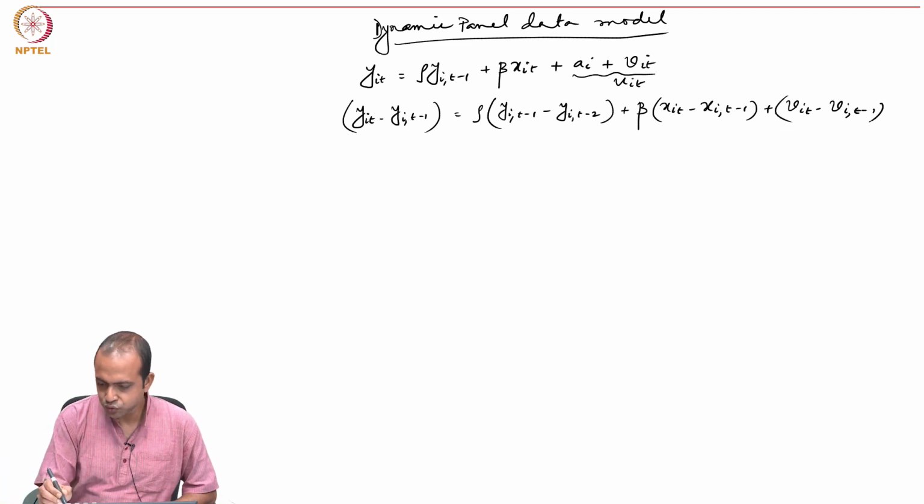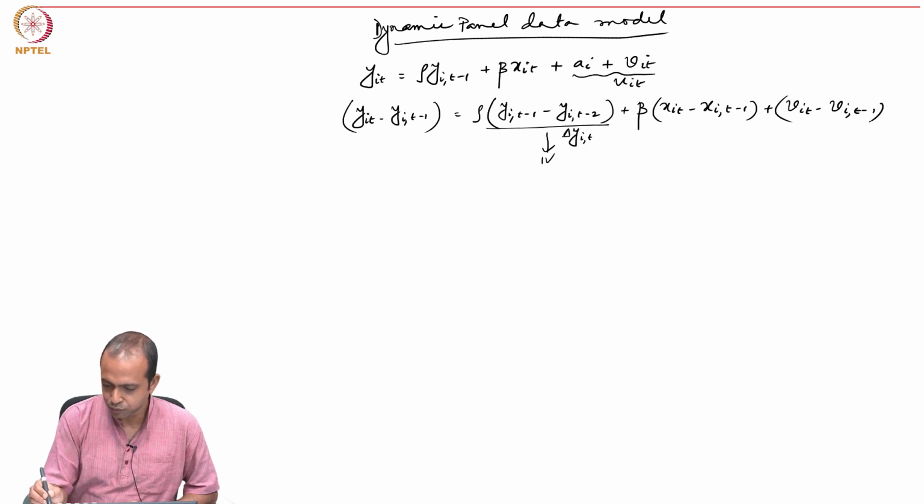And since this y_i,t-1 is actually correlated with v_i,t-1, this particular explanatory variable is correlated with the transformed error term. So that is why we say that we need to use an IV for this particular variable, y_i,t-1 minus y_i,t-2, which is nothing but delta y_i,t-1.